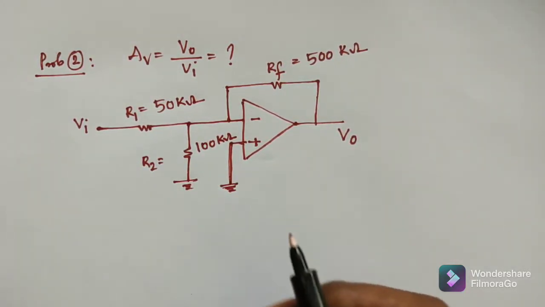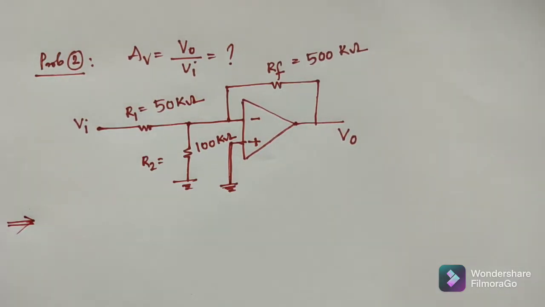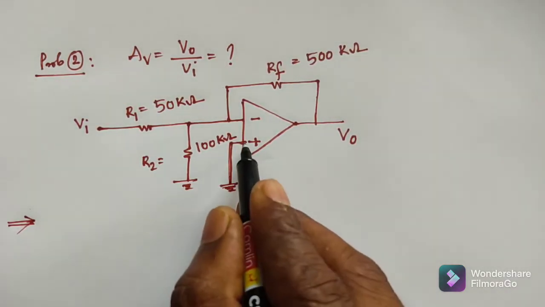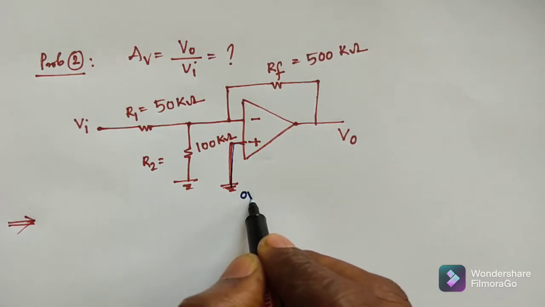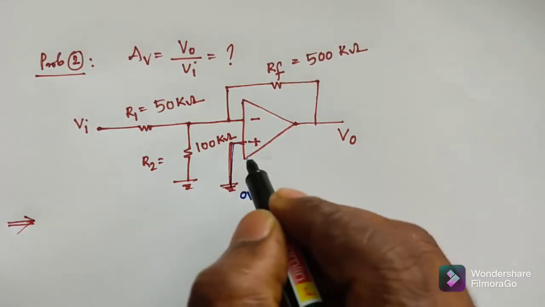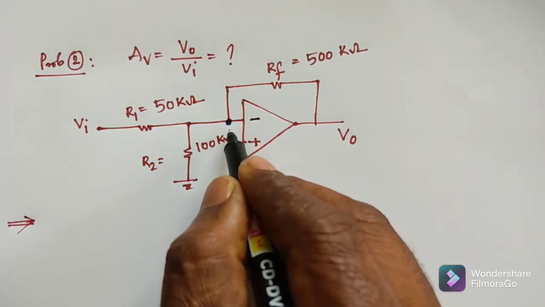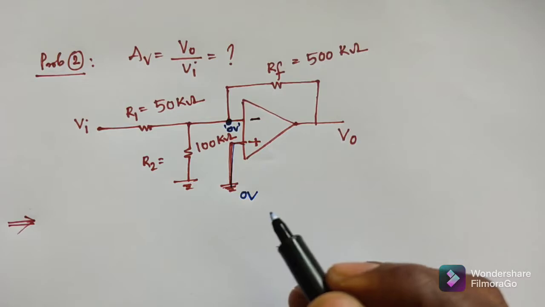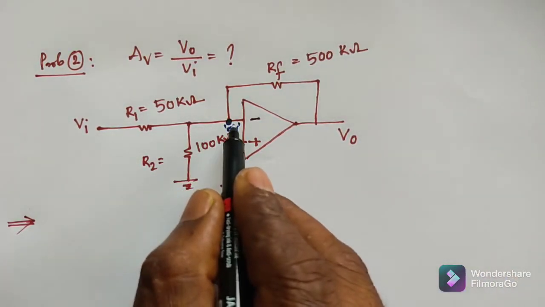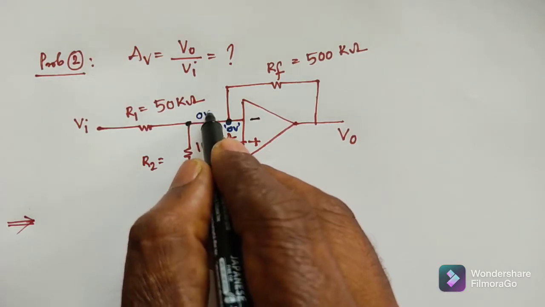The positive terminal is connected to ground, so the positive terminal voltage is 0. Due to the virtual short, the negative terminal voltage is also 0 volts. Here 0 volts means this point voltage is also 0.